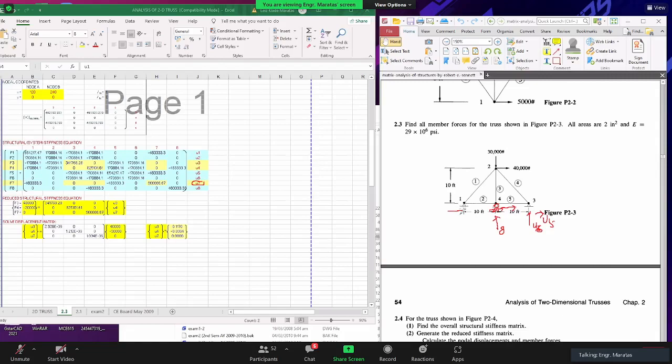Okay, this one is 1, 2, no? So these are all 0. 1, 2, 0, 5, 6, 0, and 8 is also 0. So what remains now is 3, 4, 8. So it's 3 by 3. No? So after that, you solve the displacements. Once you have the displacements, you can solve the member forces.